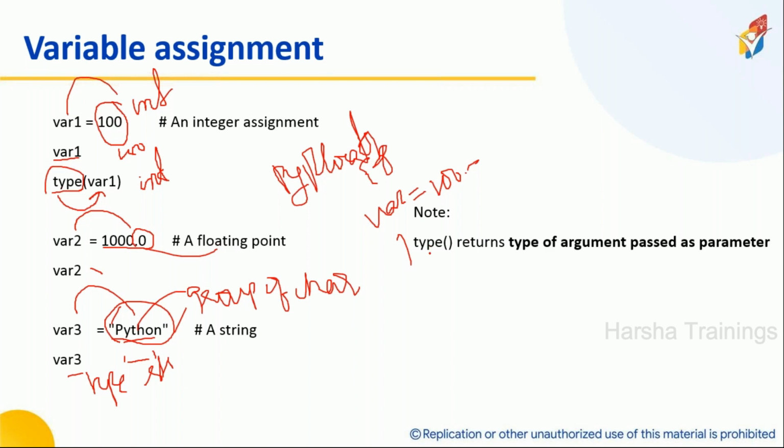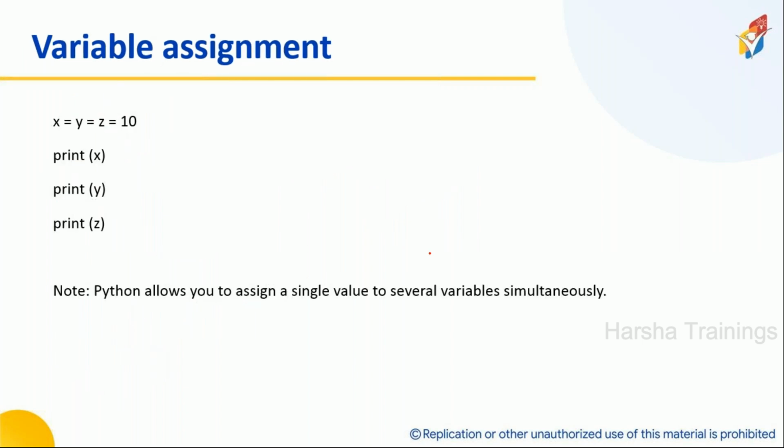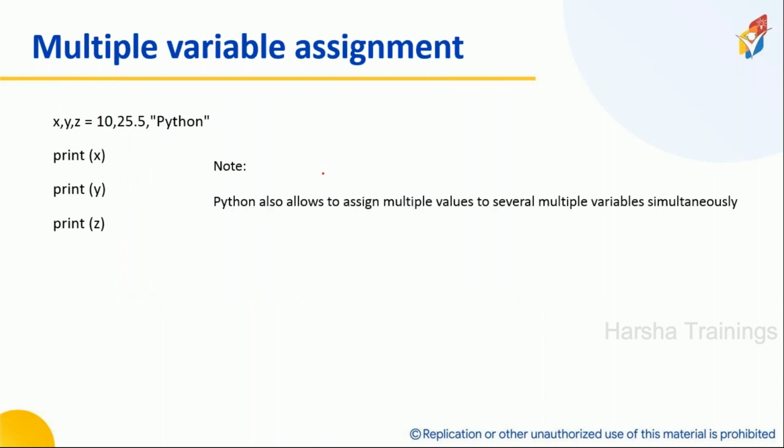Yes, sir. Now, I can assign a single value to multiple variables. X will get 10, Y will get 10, and Z will get 10. That means Python allows us to assign a single value to several variables simultaneously. This is possible in all languages. Now I'm assigning multiple variables with multiple values.